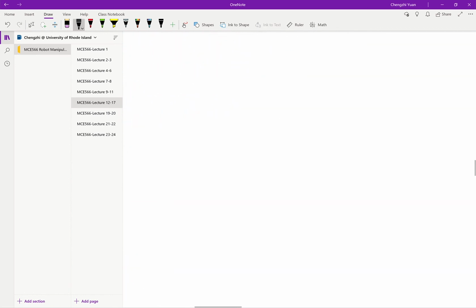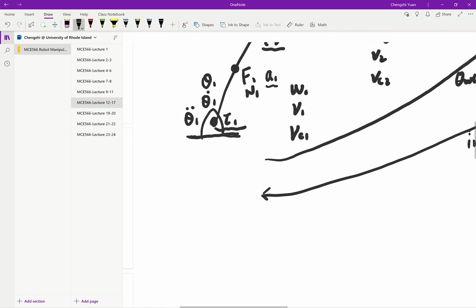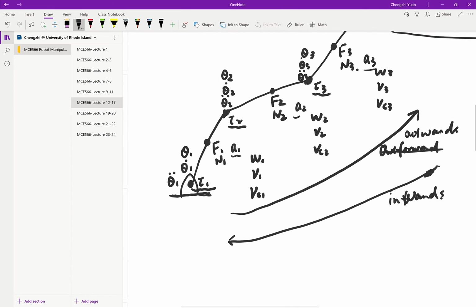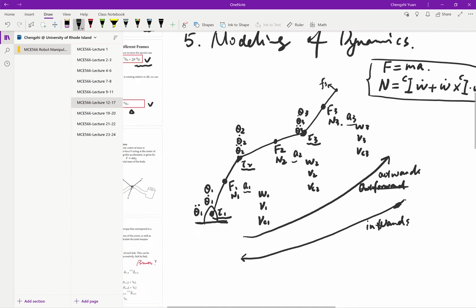This is what we had in the previous class. The reason for going backwards is that normally at the tip we know how much force will be generated from the tip point, using tip point force sensors.